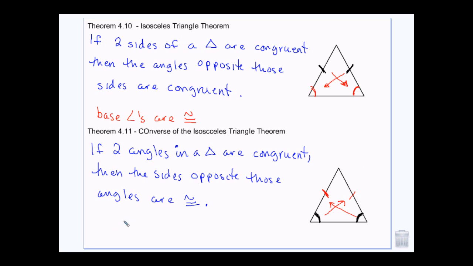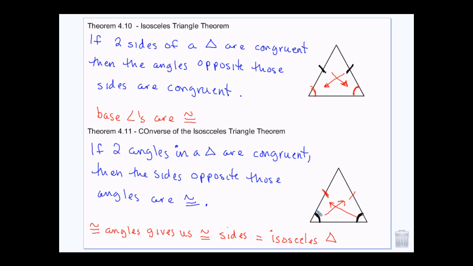So here, basically what we're getting is that the congruent angles give us congruent sides, which gives us an isosceles triangle. Okay, so they're the same idea.